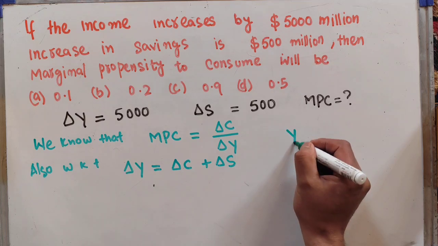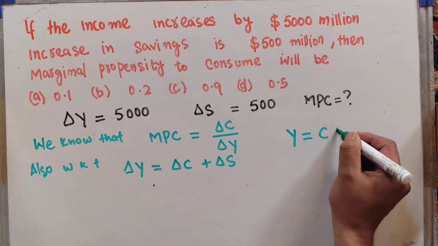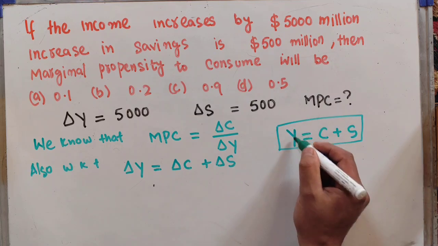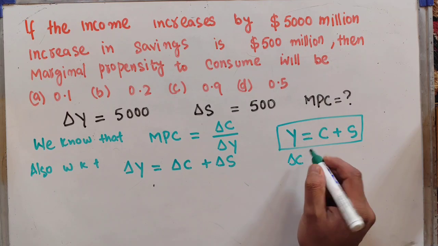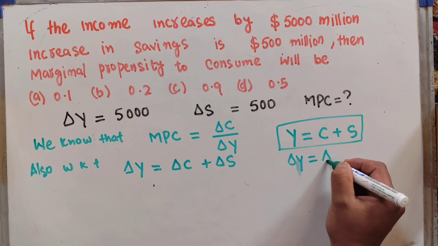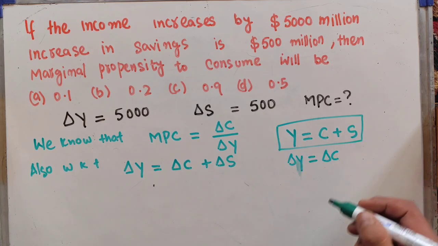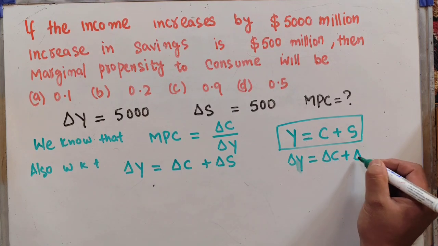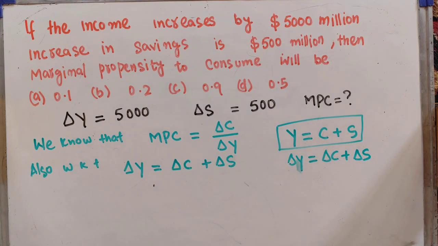As we know, our income is either consumed or it is saved. Okay, so that means the change in the income will be equal to the change in the consumption if we take the differential on both sides, plus the change in the savings.